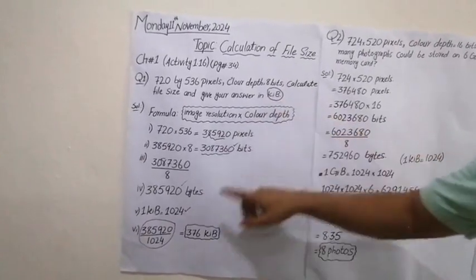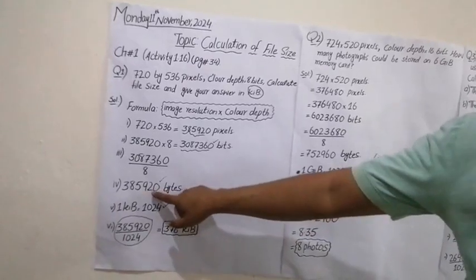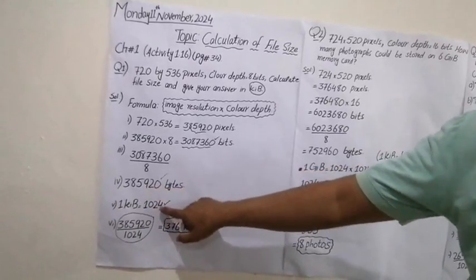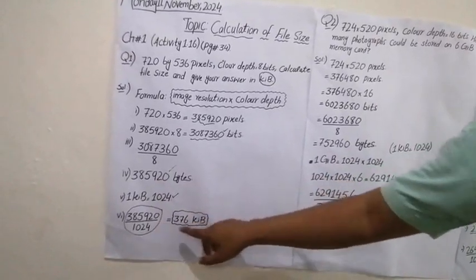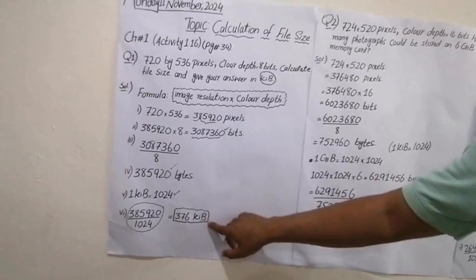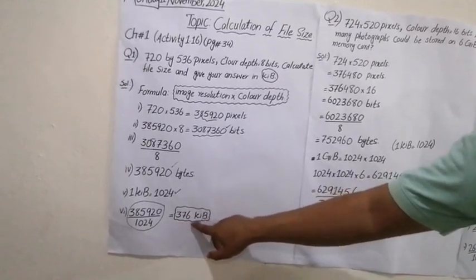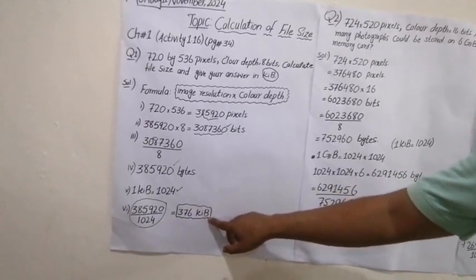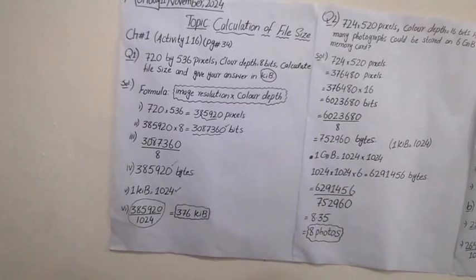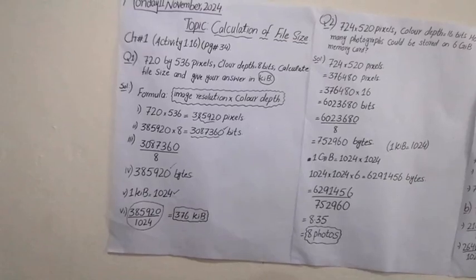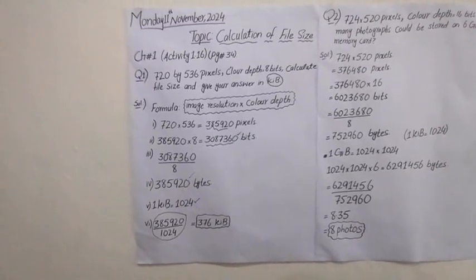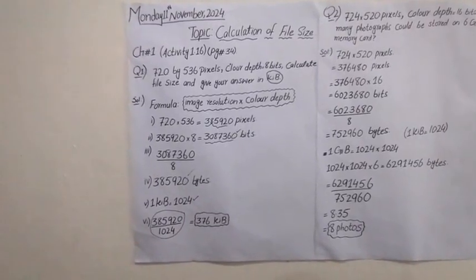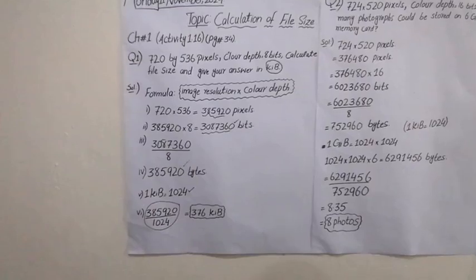So for that, we divided this value of bytes by the value of 1 kibibyte here in step number 6. That is how we got our answer, 366 kibibyte, right? So that is the whole process to find the image size or file size and give your answer in kibibyte or mebibyte, right? So let's move to the next question.